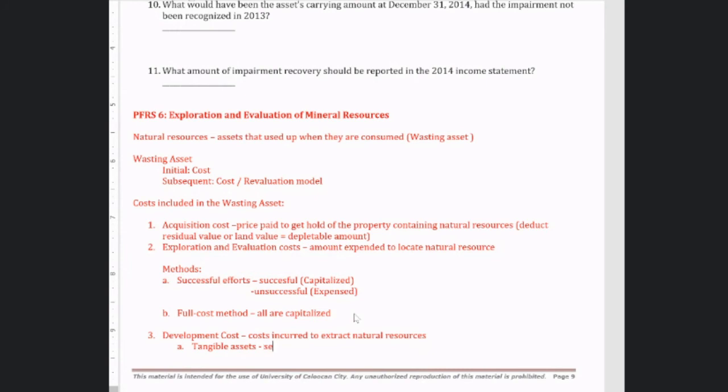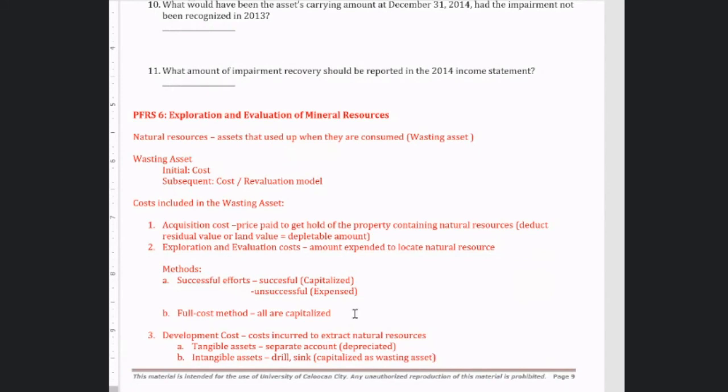This is treated as a separate account and being depreciated. And then next will be yung mga intangible. Ano yun? Yung pag drill mo, yung mga sinking costs, etc. These are capitalized as wasting asset.